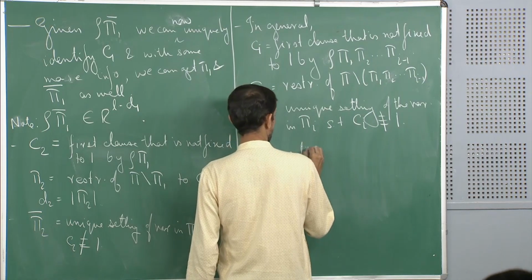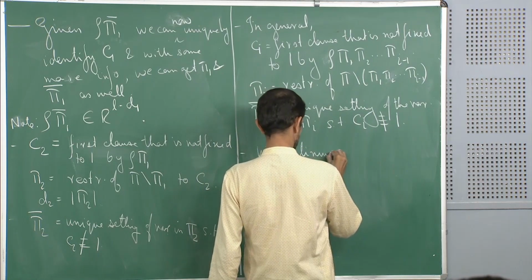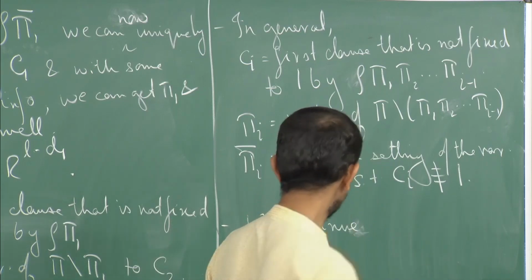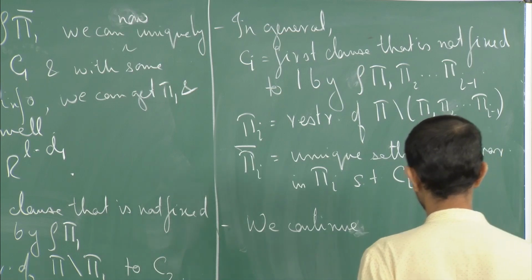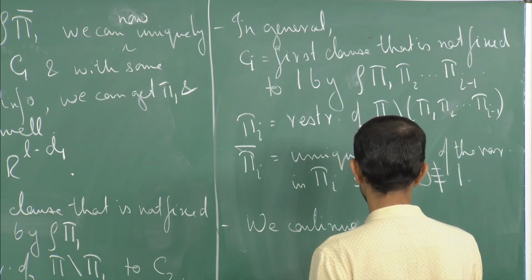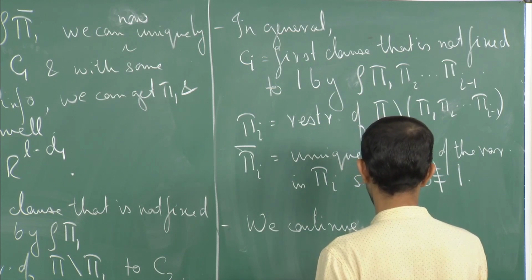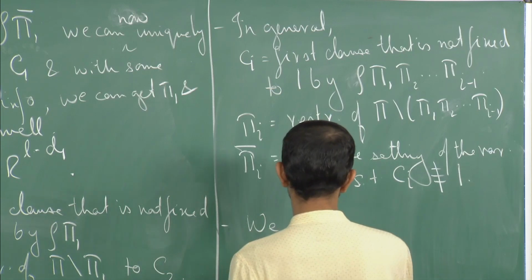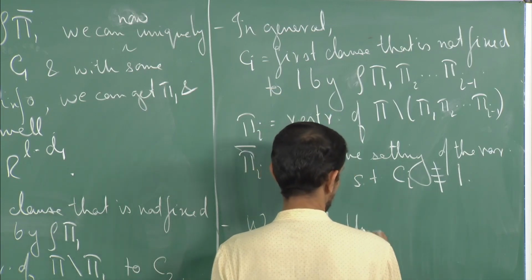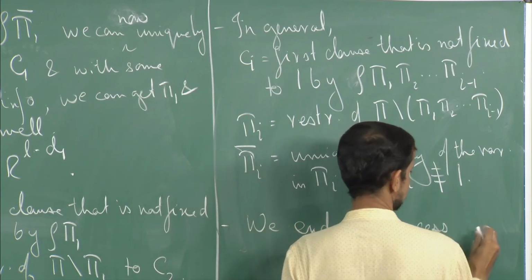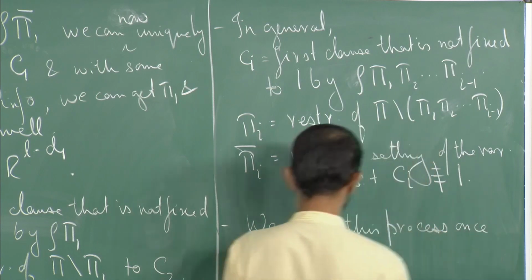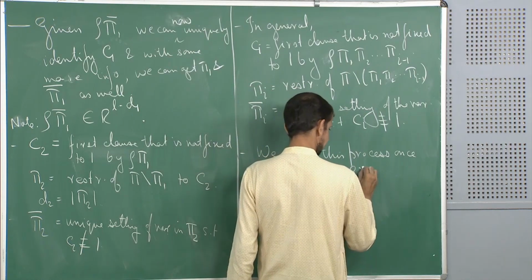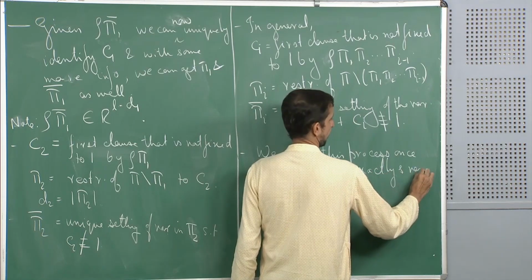Okay. So we continue, or let me just write this as, we end this process once we have restricted exactly S variables.